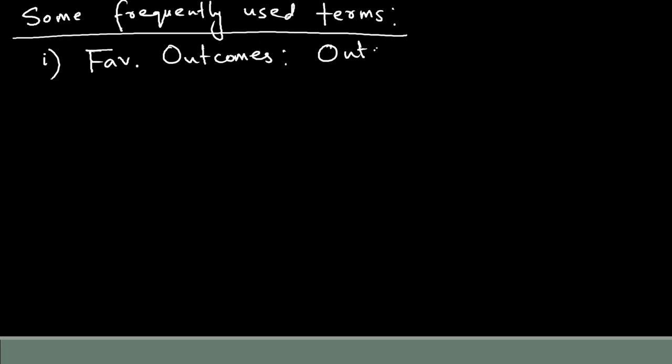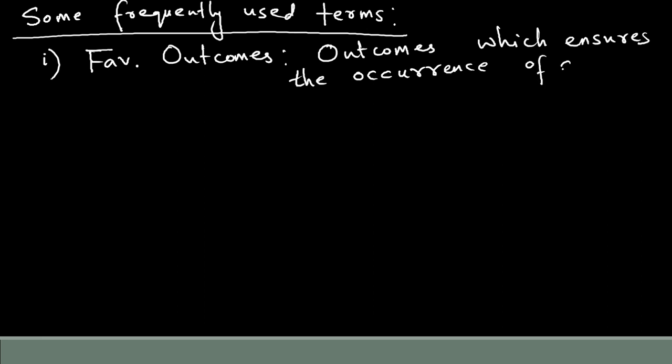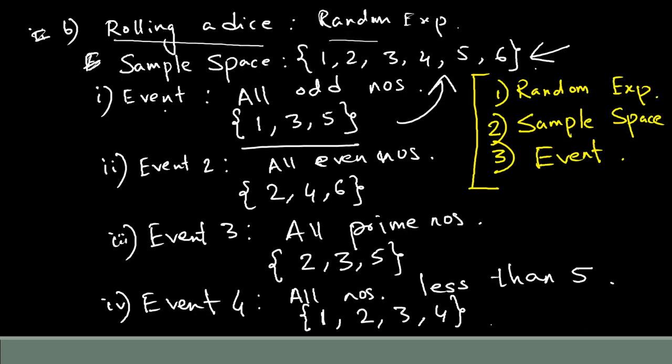So basically the formal definition is outcomes which ensure the occurrence of an event. What do you mean by that? I gave you so many examples here. When the event is all odd numbers, the favorable set for this event is 1, 3, 5.